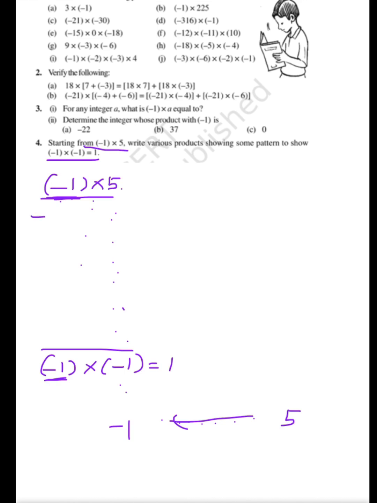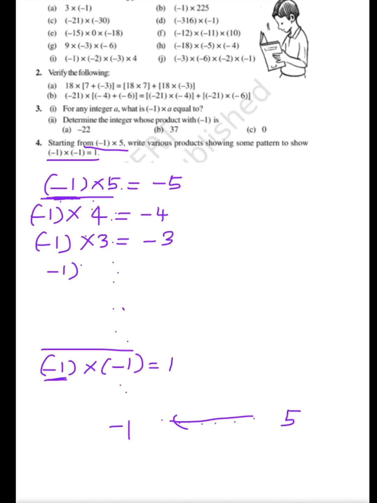So here you can write it as minus 1 into 4, because 5 minus 1 is 4. So for the first one the answer will be minus 5. Now what is minus 1 into 4? It's minus 4. Okay, now what will be next? Minus 1 into 3. What will be the answer? Minus 3.